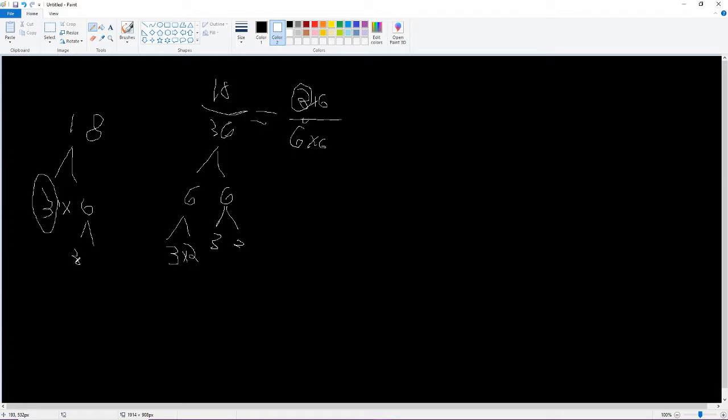So 3 times 2. And now you can circle them. Sorry about the circles, they're not perfect. Like that. And 18 will be on top, so it'd be not this one. Don't look at that one. I messed up a little bit.